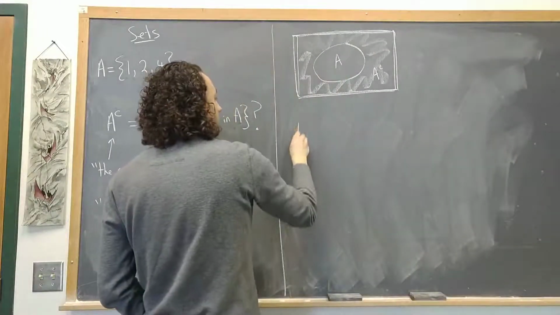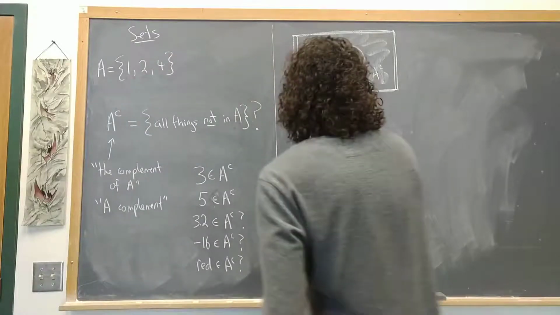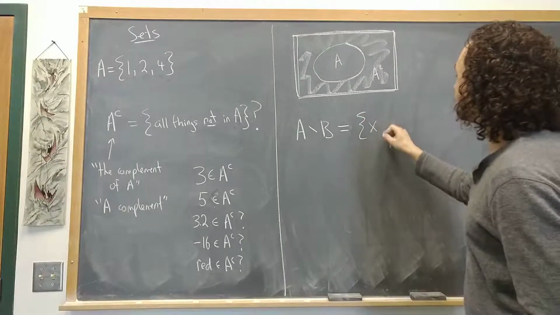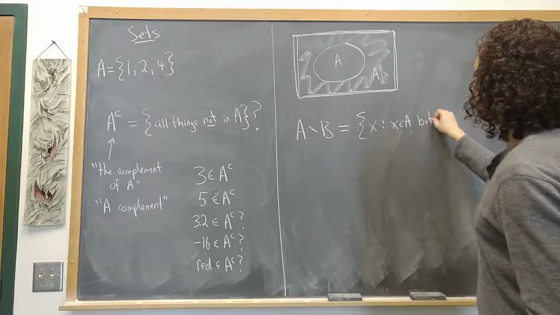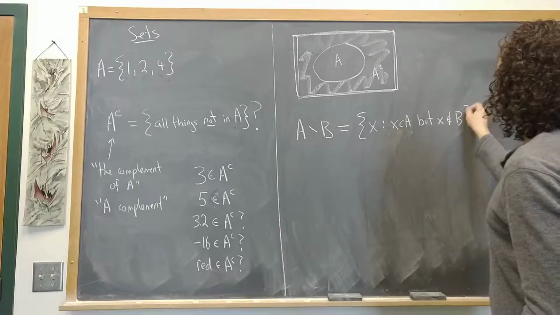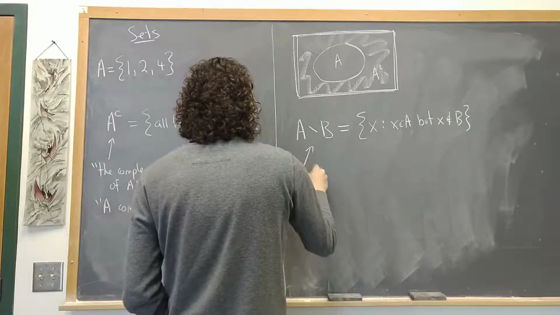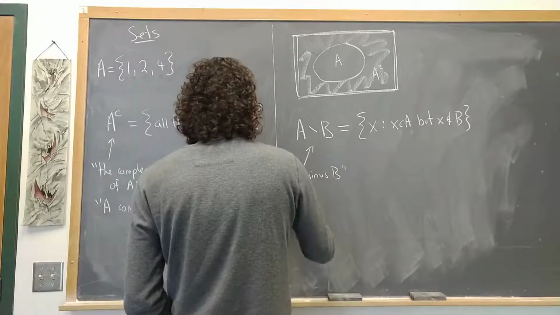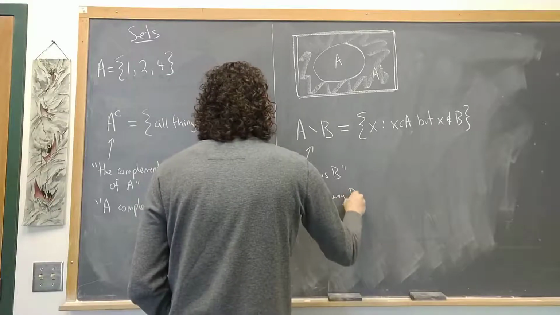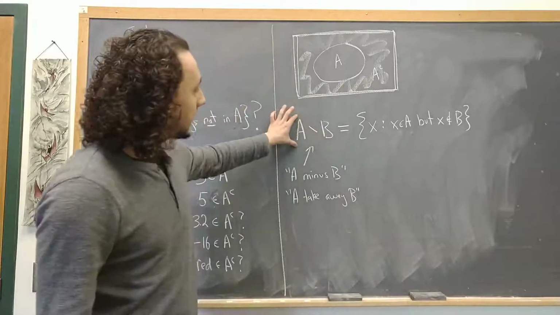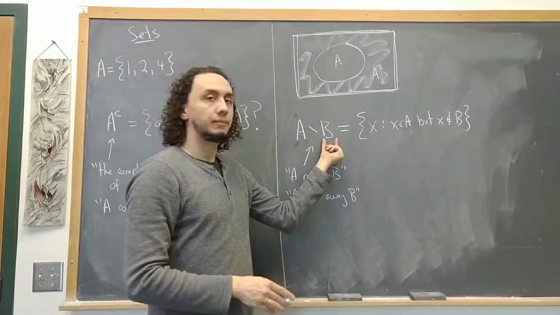If I have two sets, A and B, and I write this little slash between them, this is meant to be the set of all x such that x is in A, but x is not in B. So this is sometimes read as A minus B, or A take away B. The idea is start with the set A and keep everything that's in A, but throw out anything that's also in B.